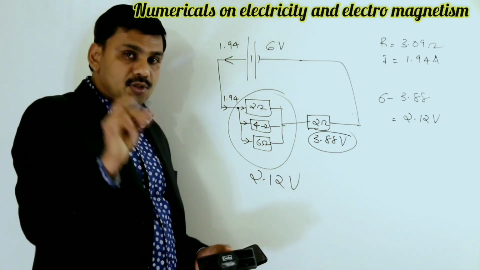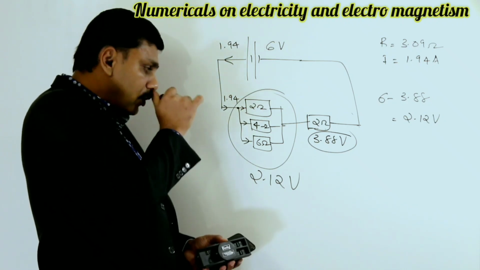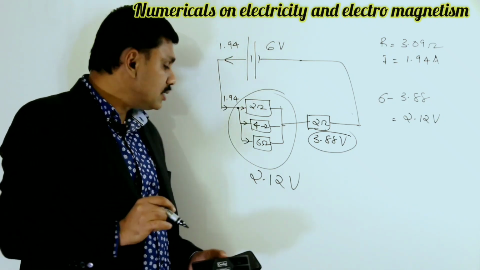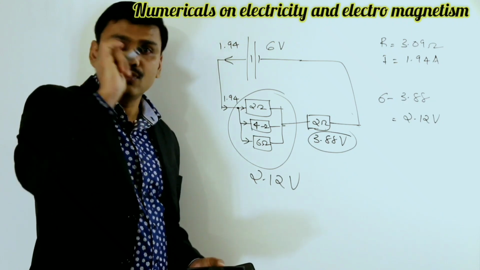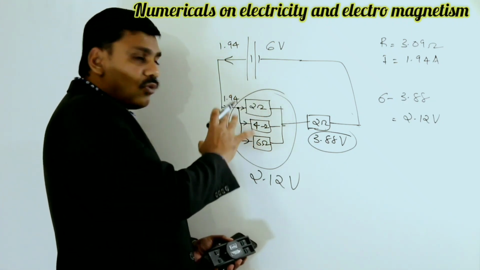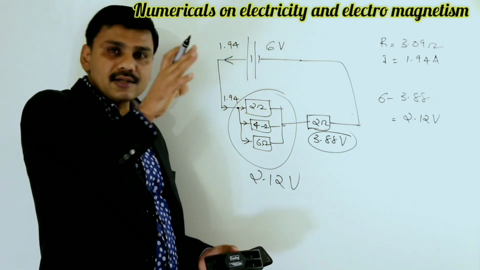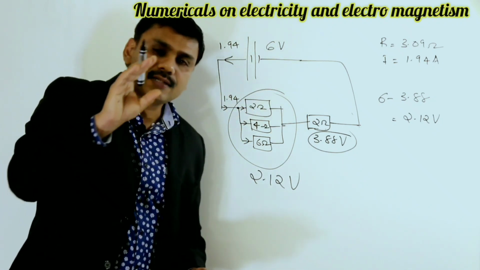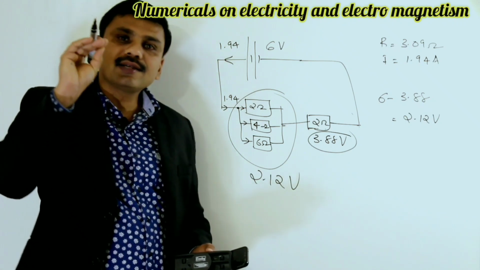So 2 ohm will get 2.12 volt, 4 ohm will get 2.12 volt, 6 ohm will get 2.12 volt. This is the way to get the voltage across each resistor. If the resistors are in parallel, they get the same voltage.